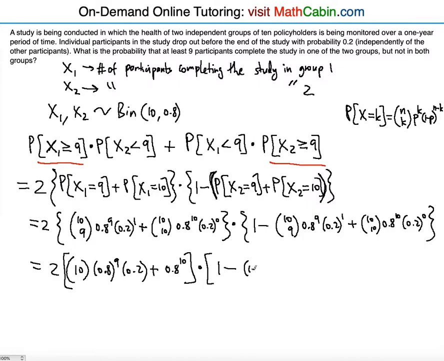So that's going to be 1 minus 10, 0.8 to the 9th, 0.2 plus 0.8 to the 10th. Okay, so if you do this correct, you should get an answer, and remember there will be an answer choice, and you will have to round this to the nearest 1,000. Okay, so that's going to be 0.469.